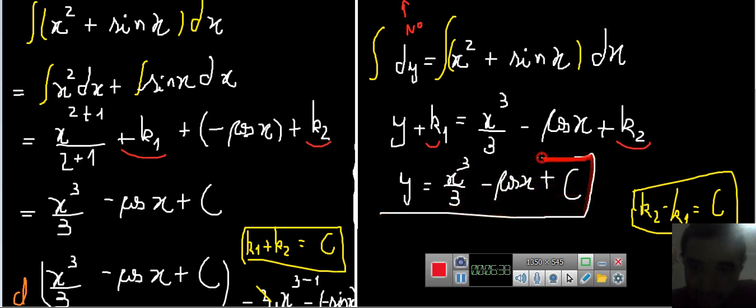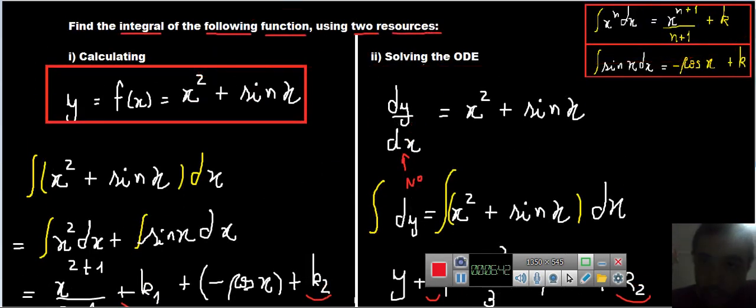So this is an example, guys, that we have right here, and we have two ways to calculate an integral, yeah? And when we solve an ODE such that dy/dx is equal to some function, we just integrate this function with respect to this variable. Okay, guys? Thank you so much.